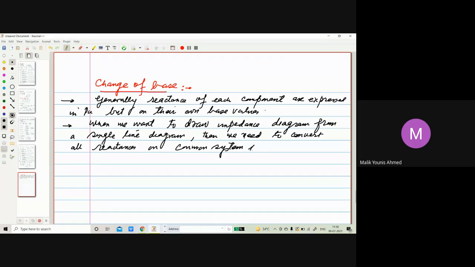The common system bases will be two. One will be the complex power base, another will be the voltage base, that we have seen.